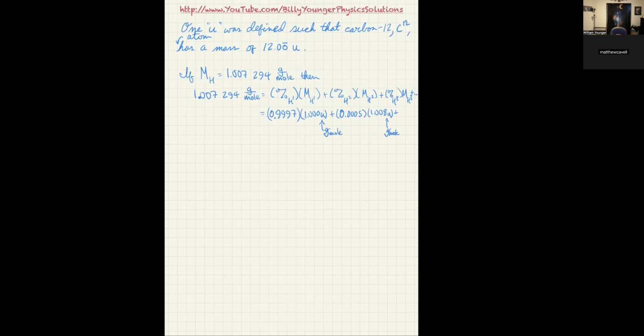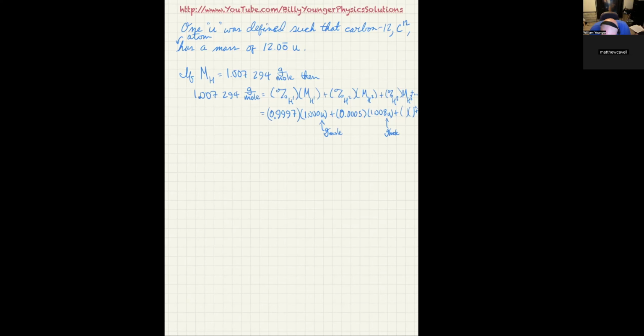Plus, again, the last result, and then any other isotopes that exist as well. Okay, all that will work out and come out to be 1.0074294. And that's where that number comes from because it's what we call a weighted average.